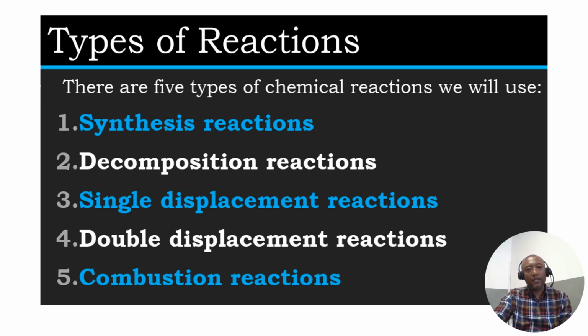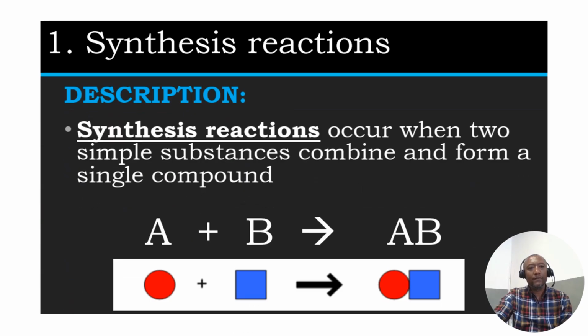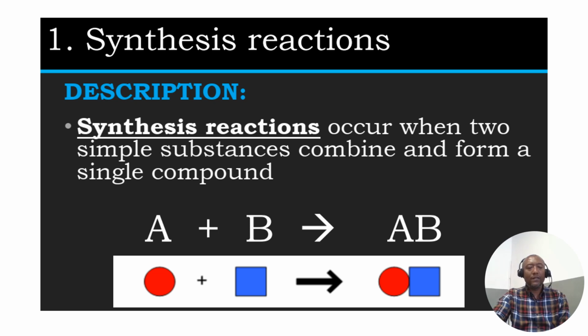Second, decomposition reaction, which is the opposite of synthesis or combination reaction. Third, single displacement reaction. Fourth, double displacement reaction. And finally, the fifth one, combustion type of reaction. Let's dive into each of them one by one.